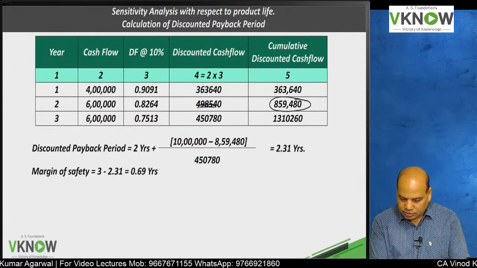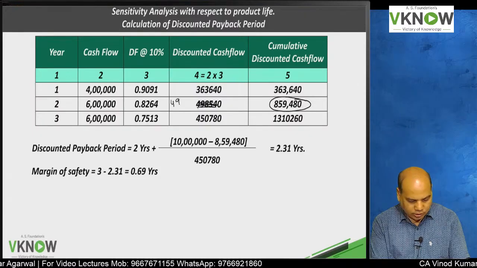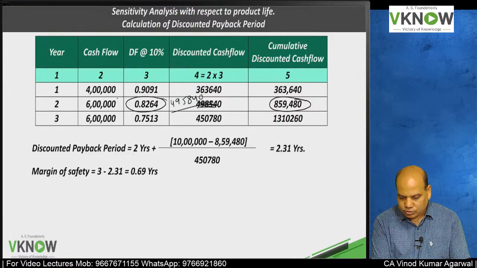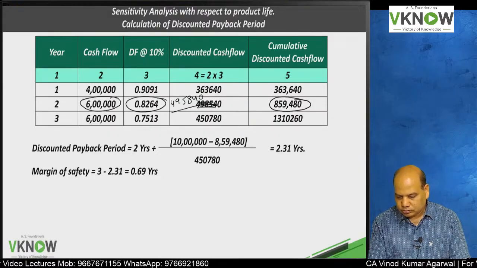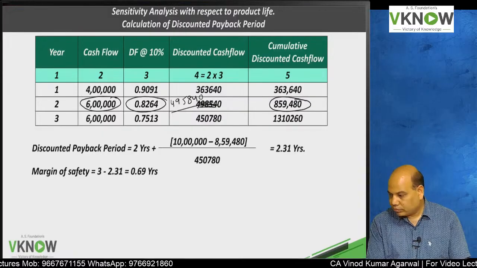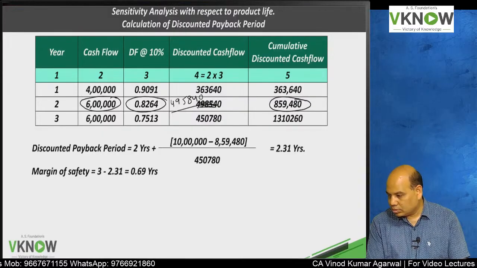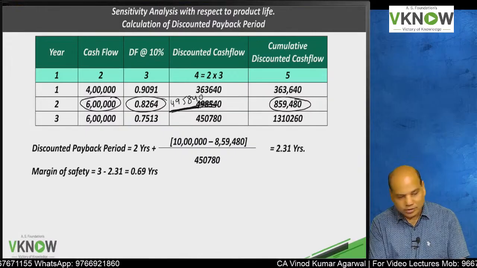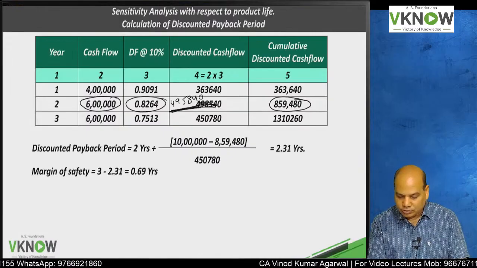I think this number is 495840. First you multiply these two. First you confirm this number. Is it right? 495840.